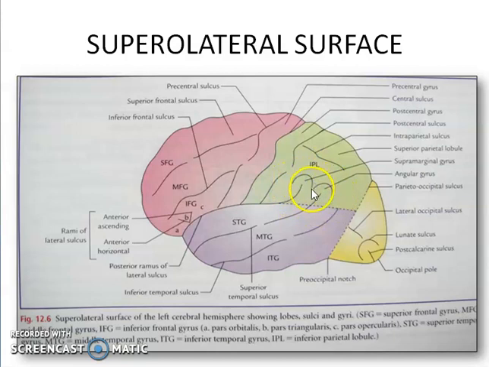In the occipital lobe there are three important sulci: the lunate sulcus, the lateral occipital sulcus, and the transverse occipital sulcus.